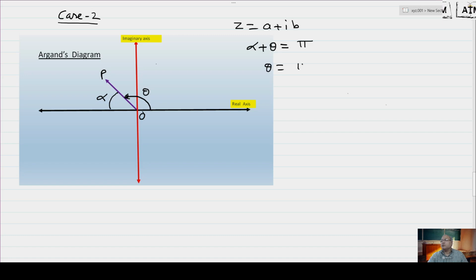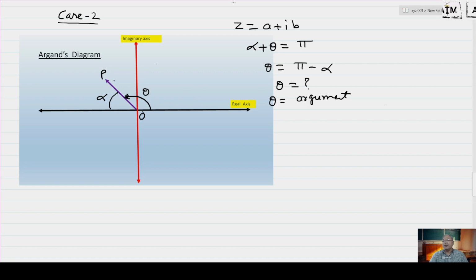Therefore, theta equals pi minus alpha. Now we need to find theta, which is nothing but the argument. That means we need to find theta in terms of tan inverse.